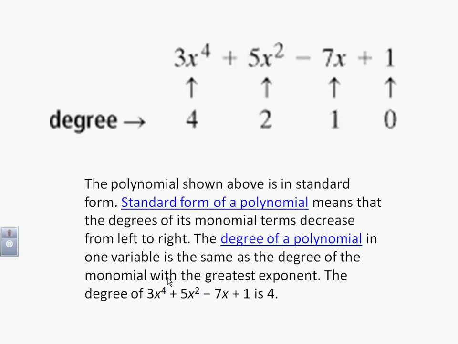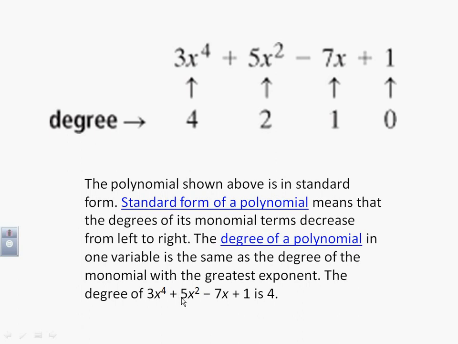Okay. So the polynomial above, you don't have to write down this whole paragraph. The polynomial shown above is in standard form. The standard form of a polynomial means that the degrees of its monomial terms decrease from left to right. The degree of a polynomial in one variable is the same as the degree of the monomial with the greatest exponent.